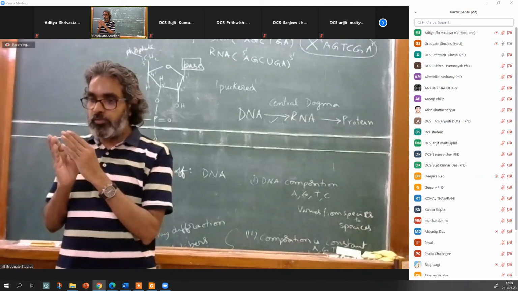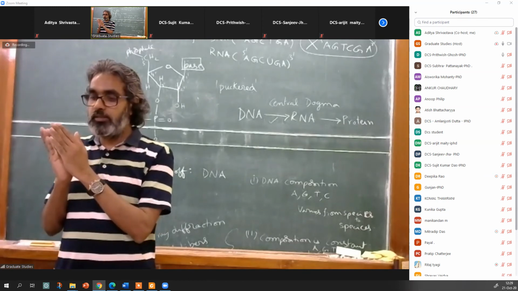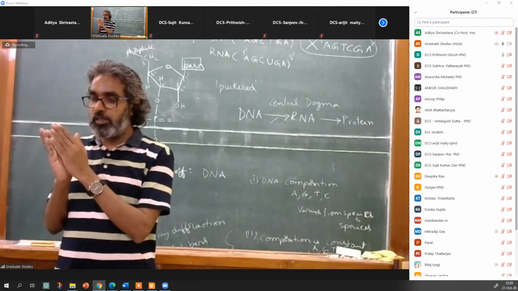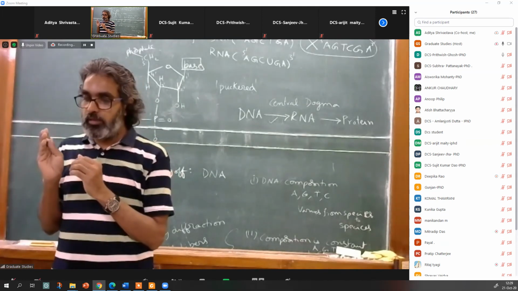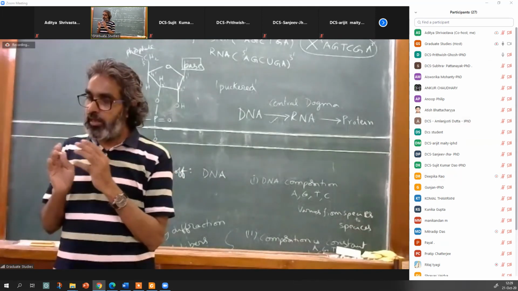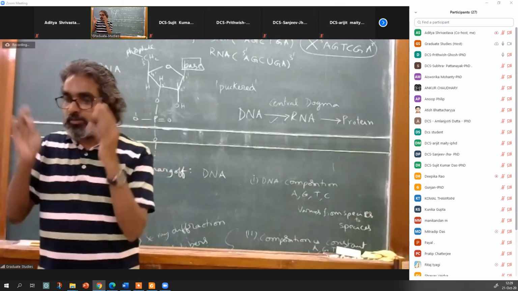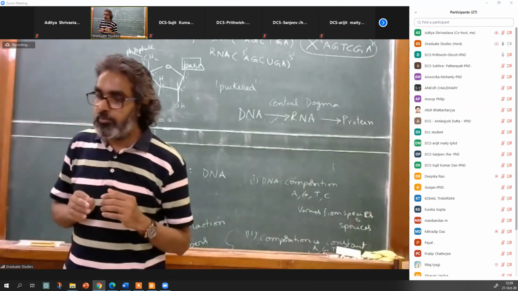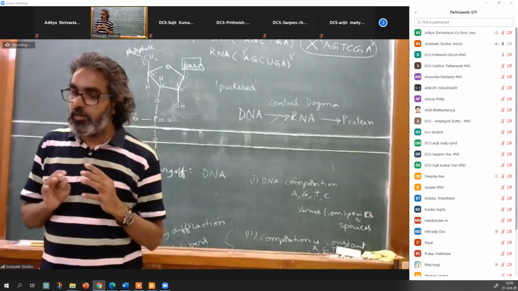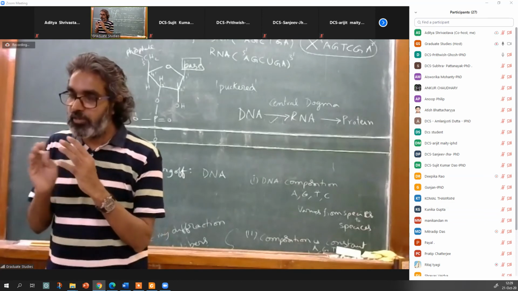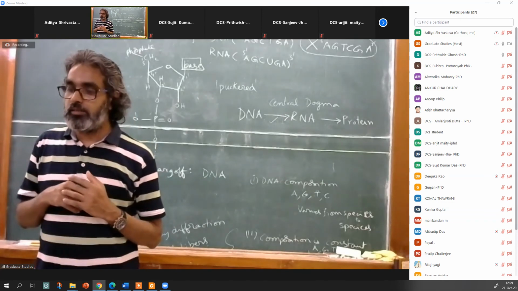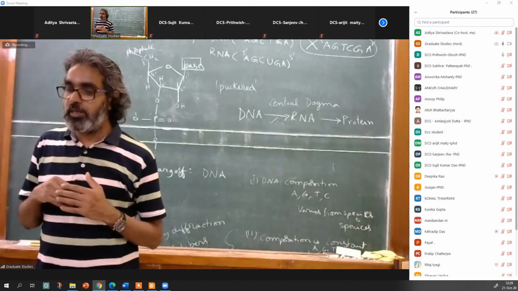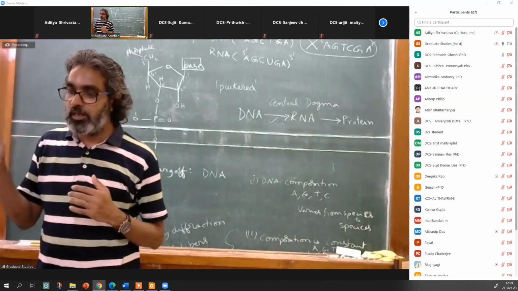The information is already encoded that a few cells need to be heart, a few cells need to be brain. That information is passed at the stage of, let's say, a few hundred cells. Until that point, all cells are identical, but then slowly this bifurcation occurs. This is called differentiation, meaning the cells are destined to become only certain tissue types.